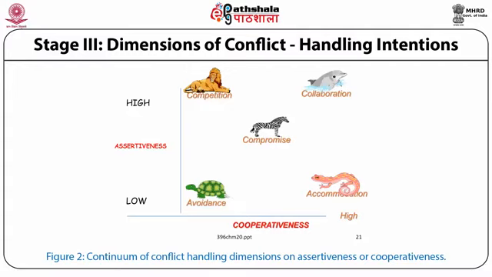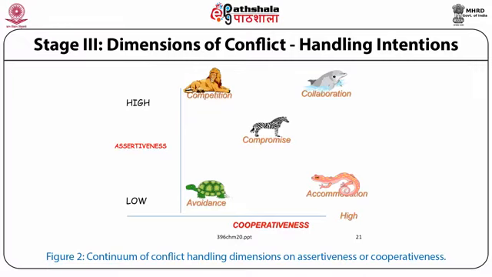If he is low on assertiveness and high on cooperativeness, he will tend to accommodate. On the other hand, if he is high on both cooperativeness and assertiveness, he will go for collaboration with the other party.